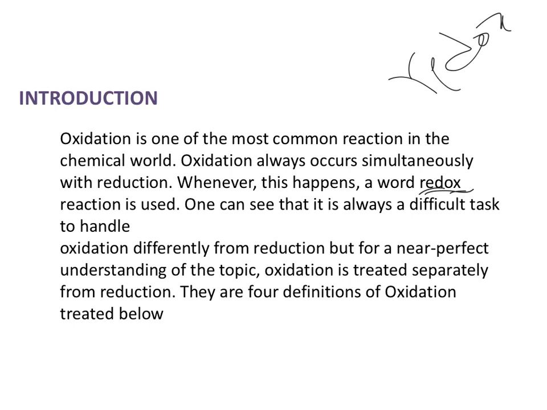You can't really separate the two. That is why you have a redox reaction, handling the two chemical reactions in one, oxidation and reduction. But for ease of understanding, in this section we'll be dealing with oxidation. Then in the next section, we'll be looking at reduction and the various definitions.